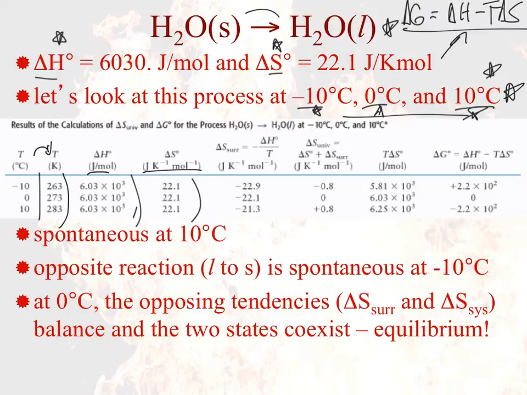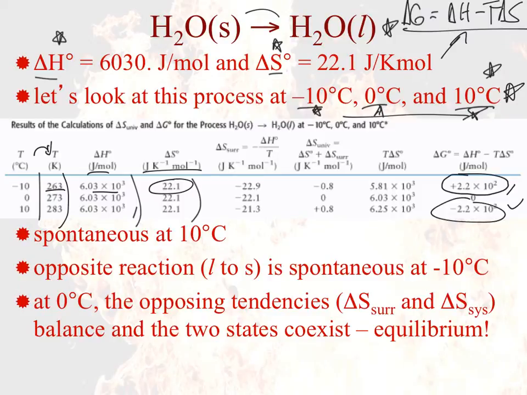Okay, so what we're going to do is basically plug in our delta H and subtract out the temperature times my delta S value, and that's going to give you, for this first example, plus 2.2 times 10 to the second. Okay, we're going to do that same process for our temperature of 0 as well as our temperature of 10 degrees C. Okay, and we get these various delta G values.